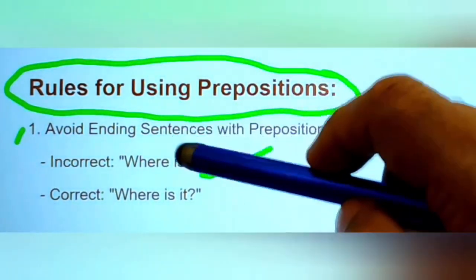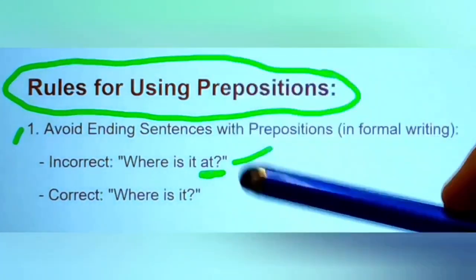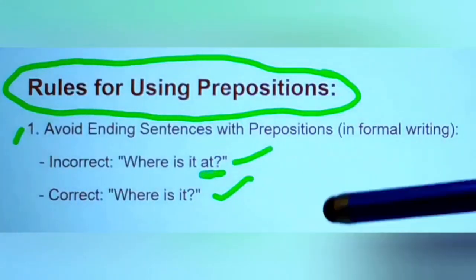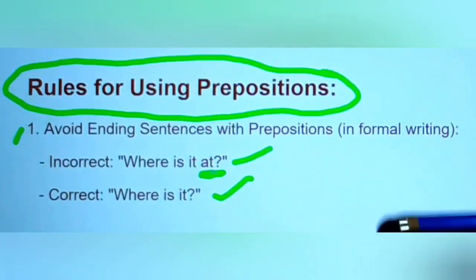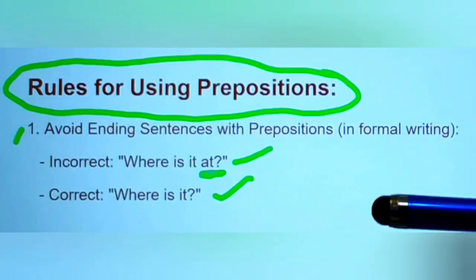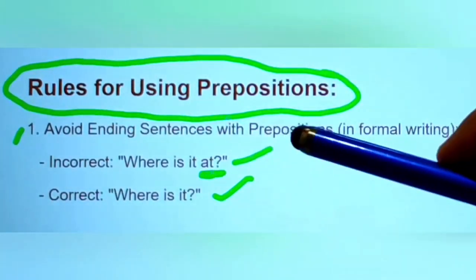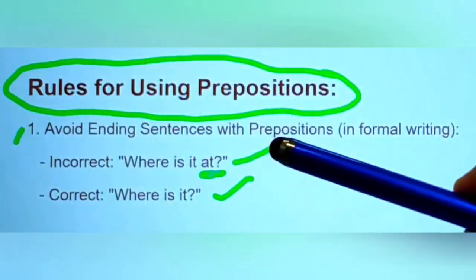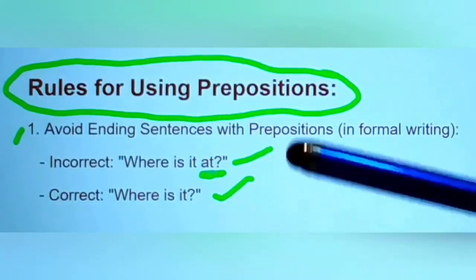We have to remove at to make it correct. For example, where is it? This is the correct sentence, and this describes the location. This question asks the location, where is it? And this is the correct sentence here. The first rule: avoid ending a sentence with a preposition.